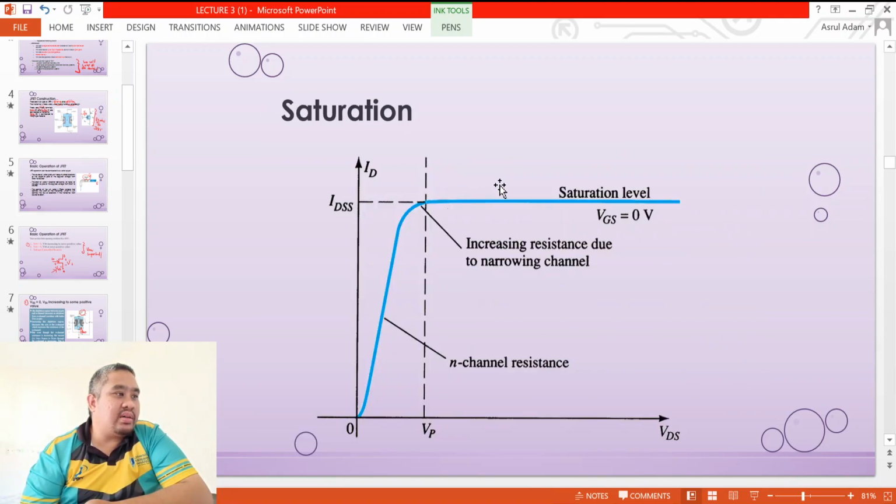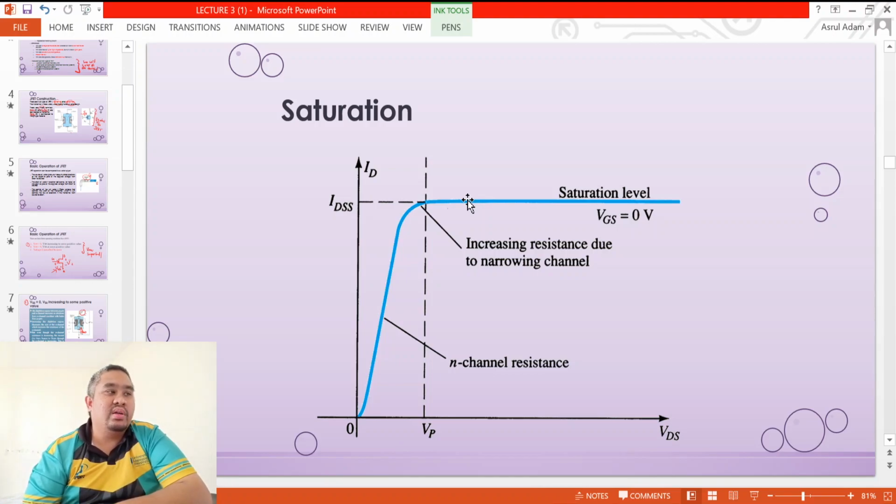This is the current and voltage curve, the IV curve. As you can see, our VDS will become larger until some value. The drain voltage will saturate at a certain level.